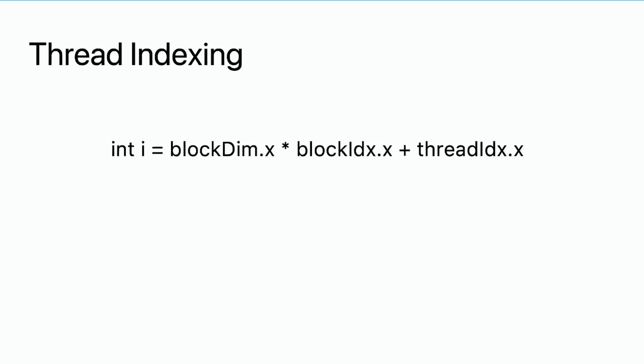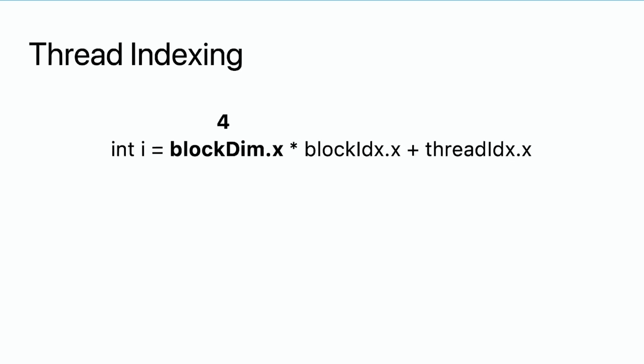Now let's discuss the thread's global indexing using these built-in variables. Here the global thread ID i, of type integer, defines a unique ID among all threads in a 1-dimensional grid. Let us assume a hypothetical 1D grid and 1D block architecture consisting of 4 blocks, each with 4 threads. Since there are 4 threads per block in this hypothetical example, the value of blockDim.x is 4 in this case.